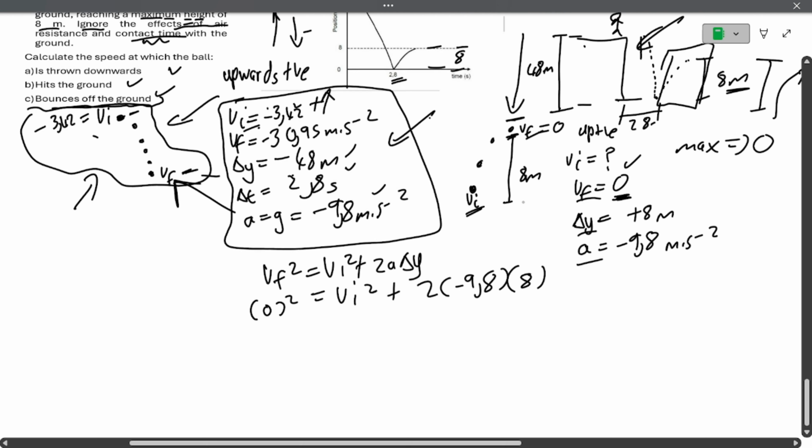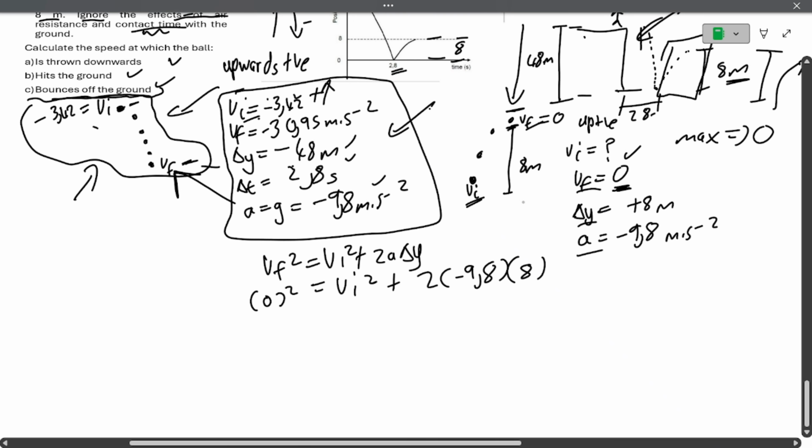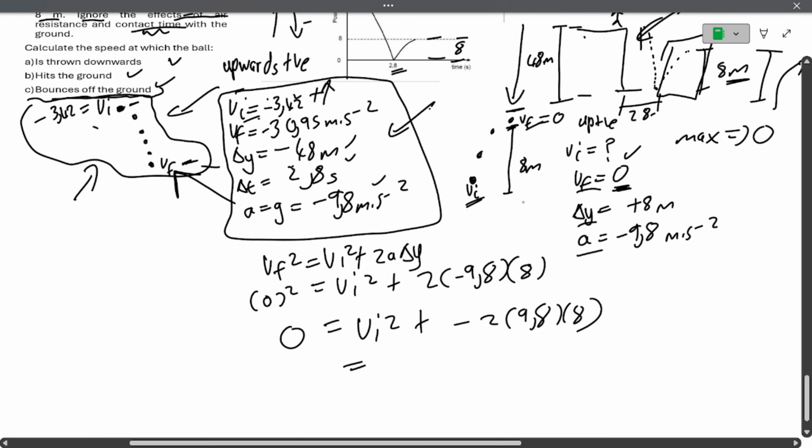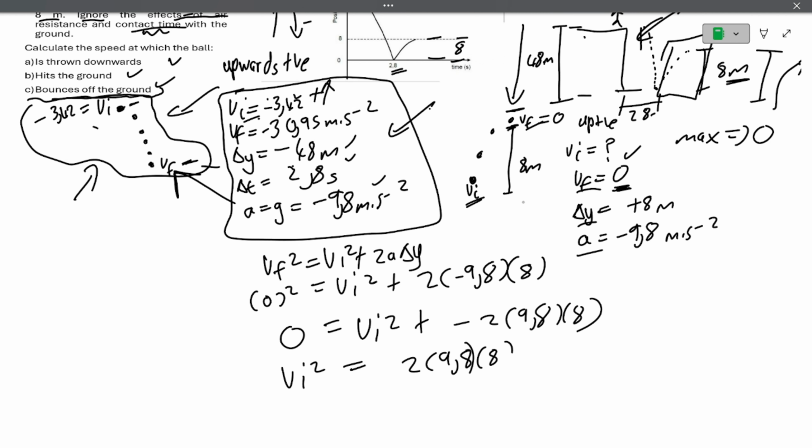So let me just find space here. It says 0 on this side, and then it's going to be V initial squared plus negative 2 into 9.8 into 8. Now I just move this to the other side, so it's going to be 2 into 9.8 into 8, and then square root both sides.